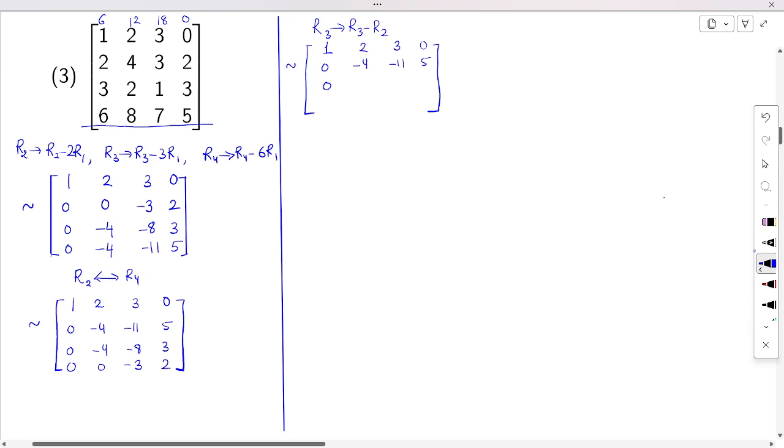Row 3 becomes 0, minus 4 minus minus 4 is 0, minus 8 plus 11 is 3, and then 3 minus 5 is minus 2. Then 0, 0, minus 3, and 2. Then add row 3 to row 4.